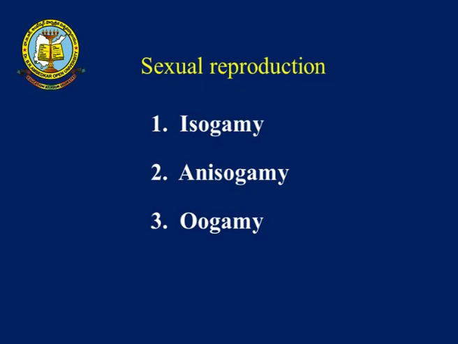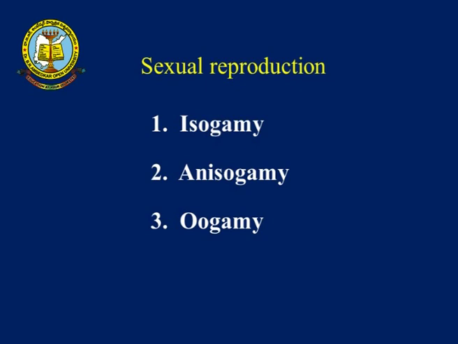After formation of the male and female gametes, these both are fused. As a result, a diploid zygote is formed, because the male gamete is haploid and the female gamete is haploid. That is why the diploid zygote develops. After formation, the diploid zygote undergoes meiotic division and produces haploid spores, and these haploid spores can develop into an individual thallus.